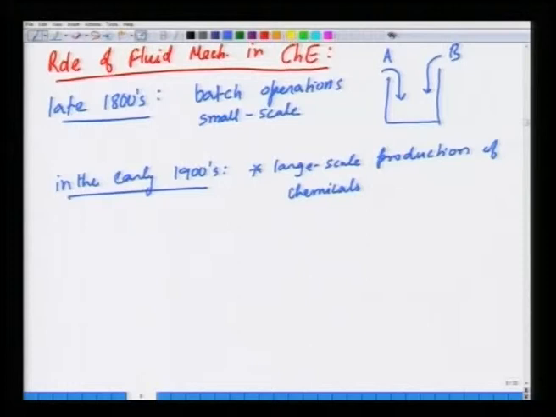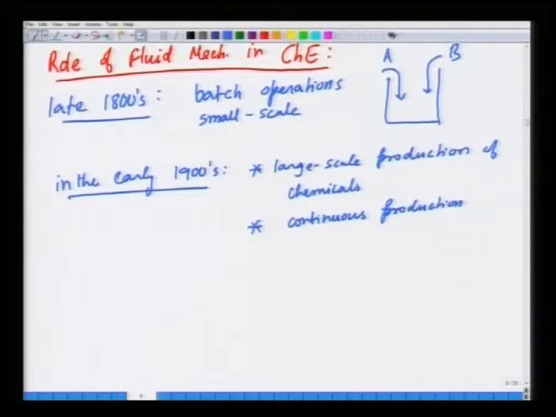First of all, large scale. Second point is continuous production, unlike a batch scale production, which involves you just filling the reactor vessel with the chemicals, and then you have to let the reaction complete and then take the product out. The chemical industry was interested in continuous production of chemicals on a large scale. So, mass production of chemicals became a very important necessity by the early 1900s.